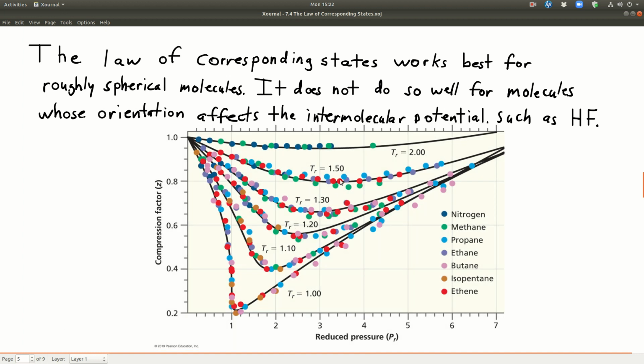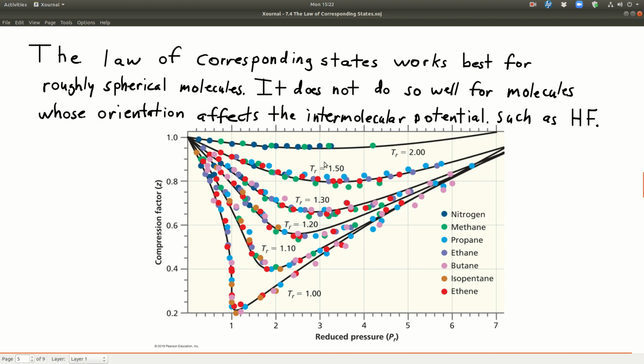So this graph is showing the compression factor, Z, versus the reduced pressure. Each of these different colored spheres is for a different gas, and each of these lines is at a different reduced temperature. So reduced temperature is 2, 1.5, 1.32, and so on. These are the gases over here.